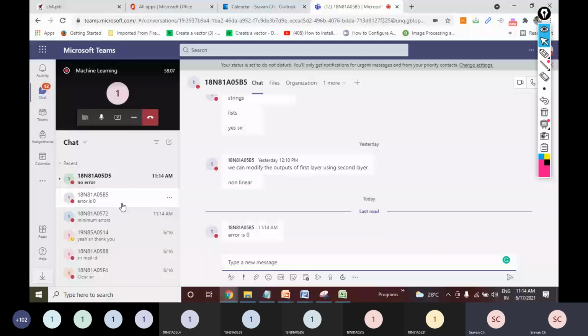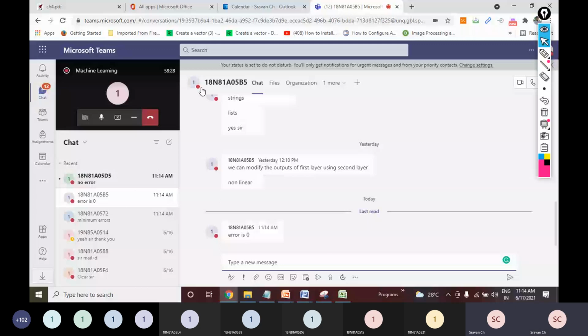I may not get 0, but at one point I'll get a cost of 0.012, and in the next iteration also 0.012, which means it is not reducing further. So I will continue the process until I get the least possible cost; that is when I will be satisfied.